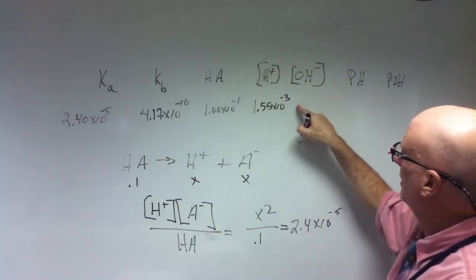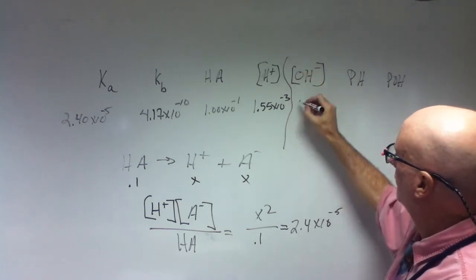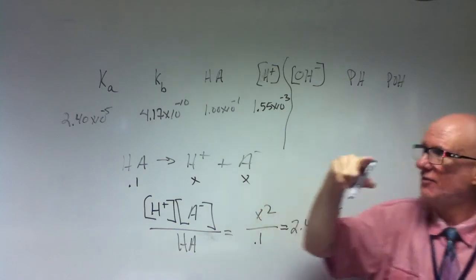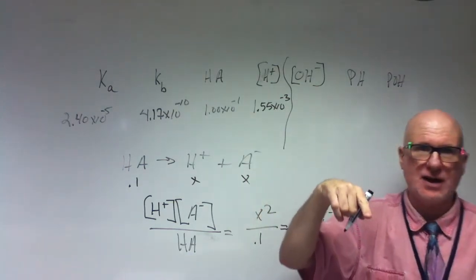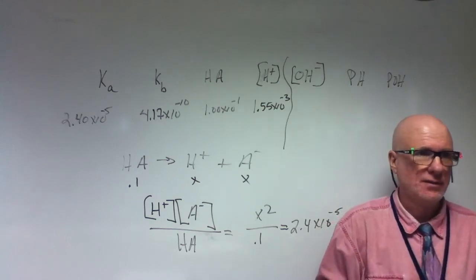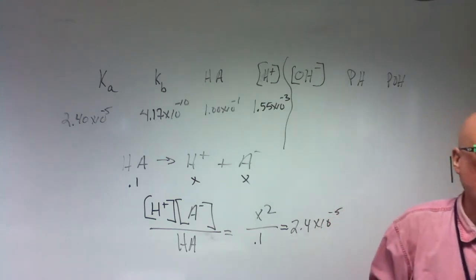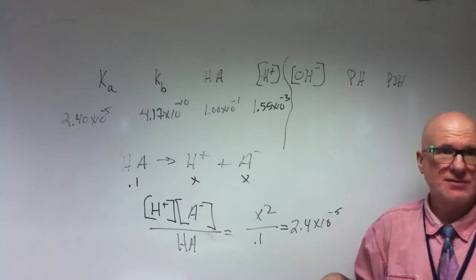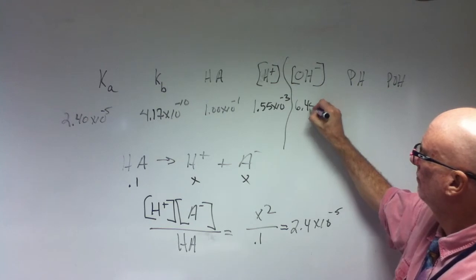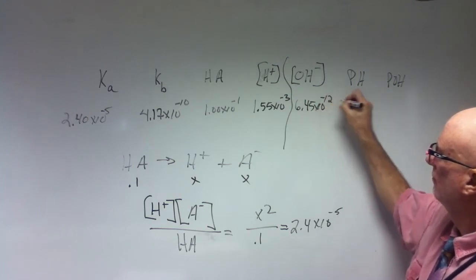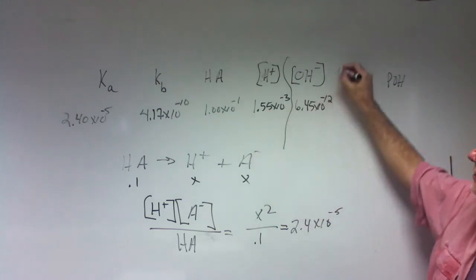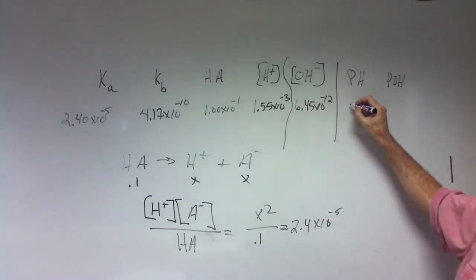What's this going to be? 1 times 10 to the negative 14 divided by 1.55 times 10 to the negative 3. 6.45 times 10 to the negative 12. Okay, now, what's going to be the negative log of that? Negative log of that. That's right.